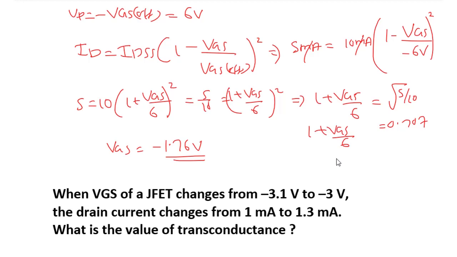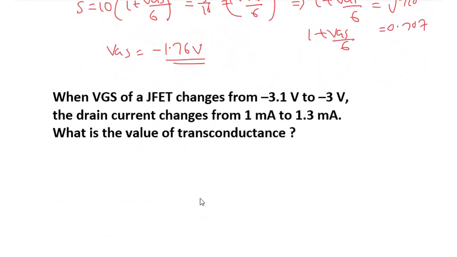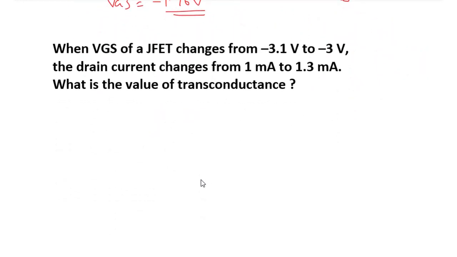Now let us read the next question. When VGS of a JFET changes from minus 3.1 volt to minus 3 volt, the drain current changes from 1 milliampere to 1.3 milliampere. What is the value of the transconductance? What is the definition of transconductance? The transconductance is defined as delta ID by delta VGS. So what is delta ID?